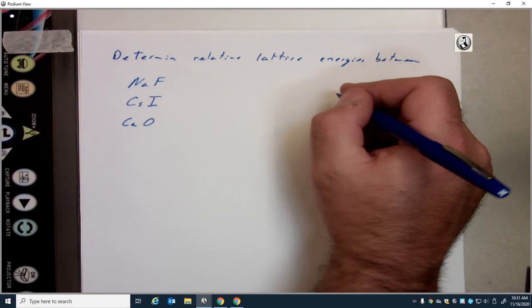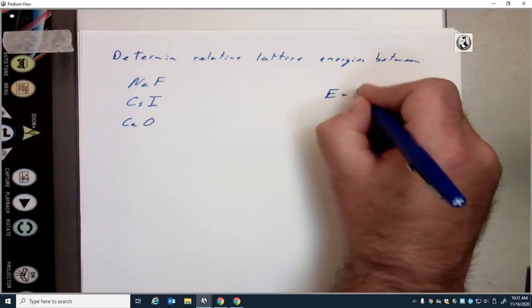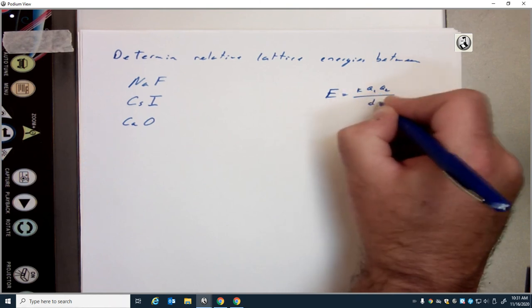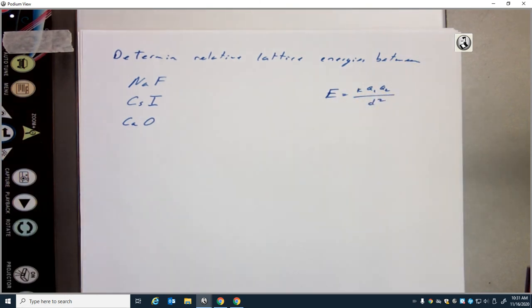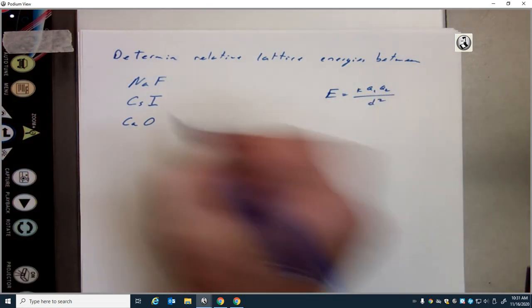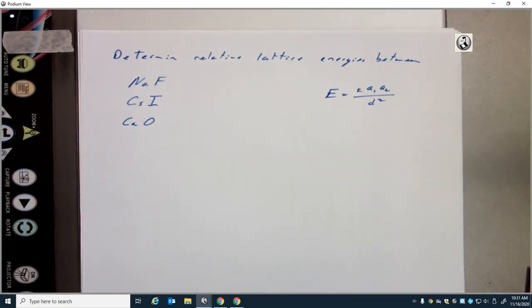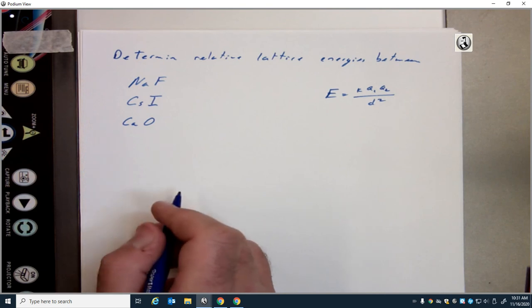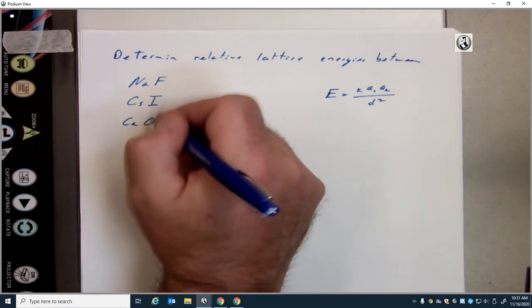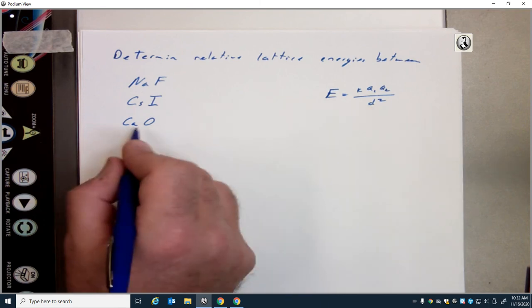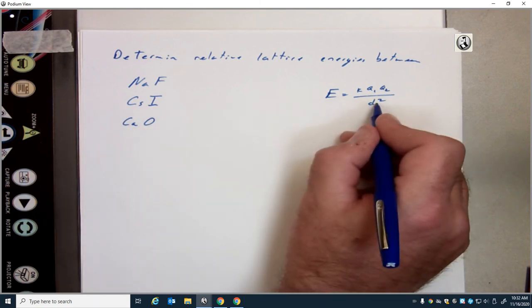Well, if we go back to that formula, E equals K Q1 Q2 all over distance squared. For all three of these, this distance is relatively close. We're going to talk more about that in a minute. The distance between the atoms themselves is not constant, but it's pretty close, so it doesn't change much.